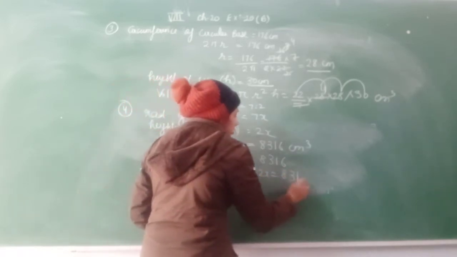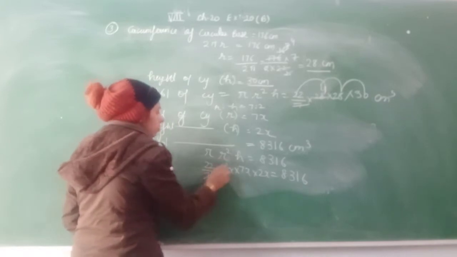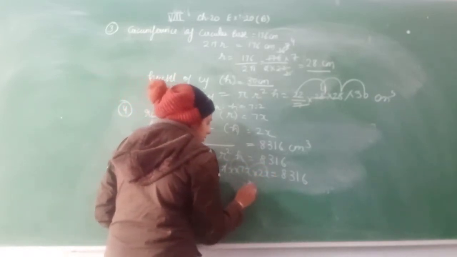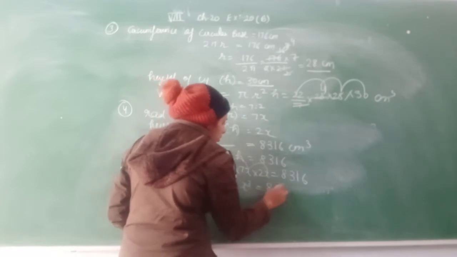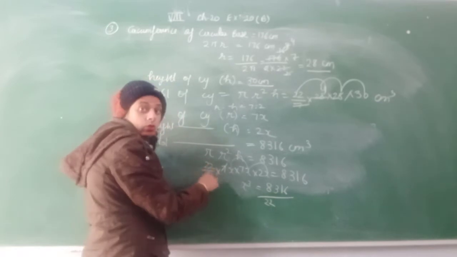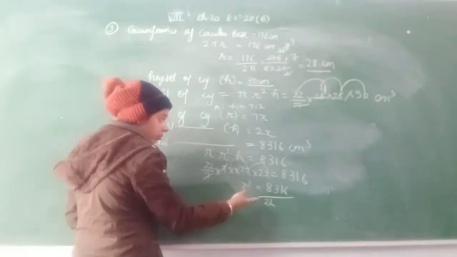So this 7 will be cancelled by 7. x multiply x, you will have x cube, and the rest of the terms will be cancelled. 22 is the numerator part. Going on right hand side, it becomes the denominator.